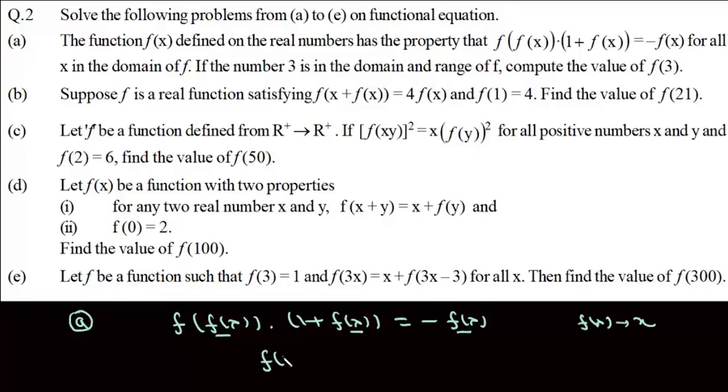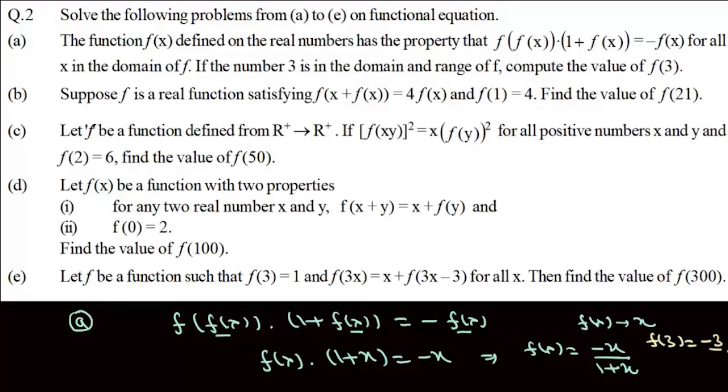We can write f(x)(1 + x) = -x, or simply f(x) = -x/(1 + x). Now f(3) in this case will be -3/4. So the answer to this first one is f(3) = -3/4.